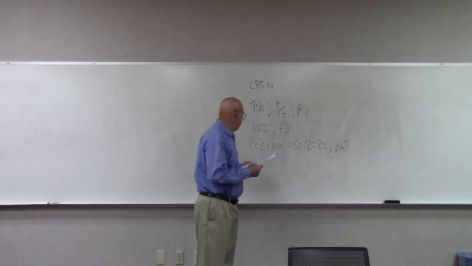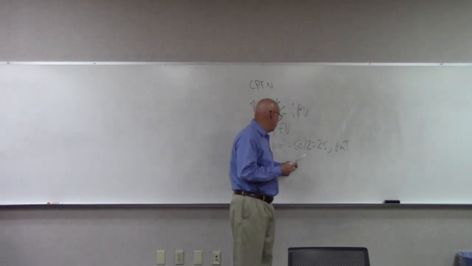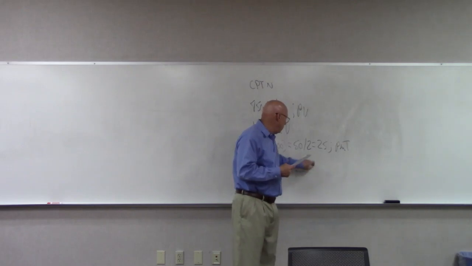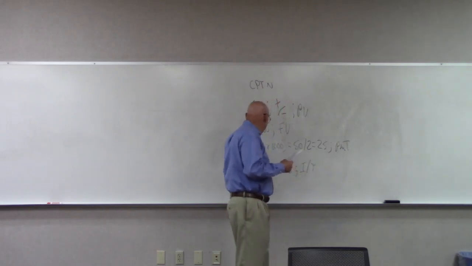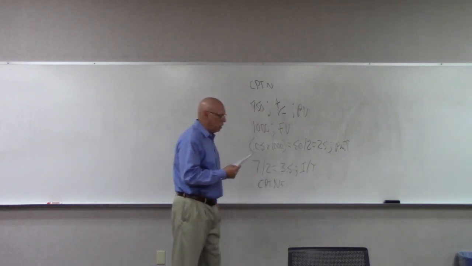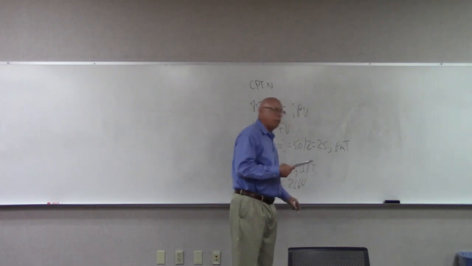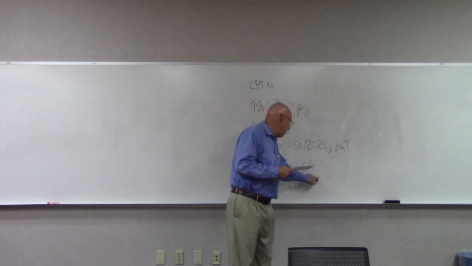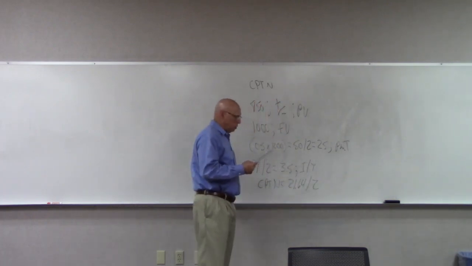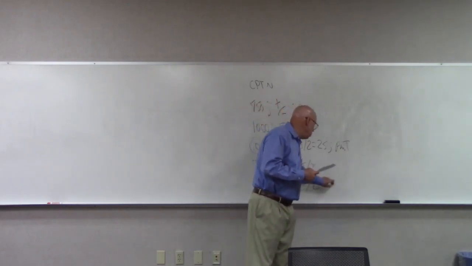And market rate of interest is 7%. 7 divided by 2 equals 3.5. That's your IY. Compute N, and you get 21.64 semi-annual periods divided by 2 equals 10.82 years.